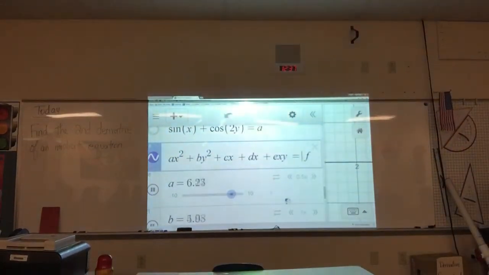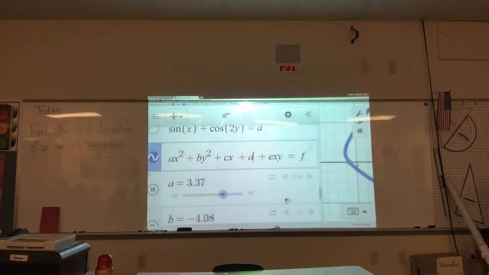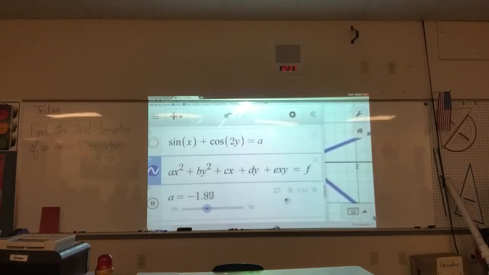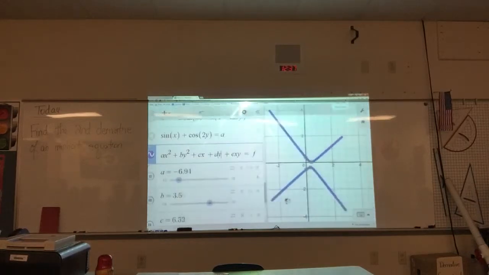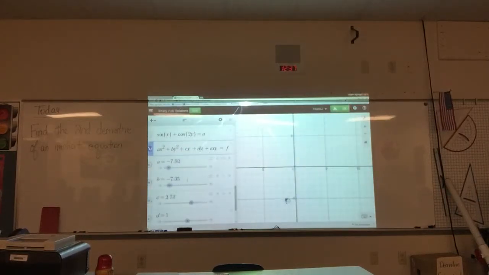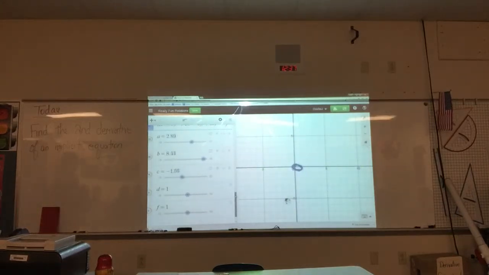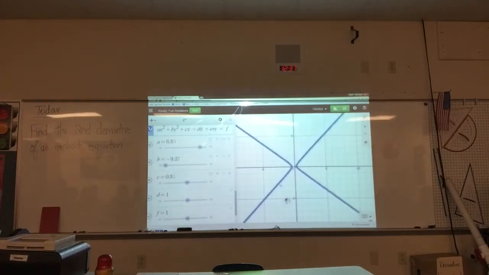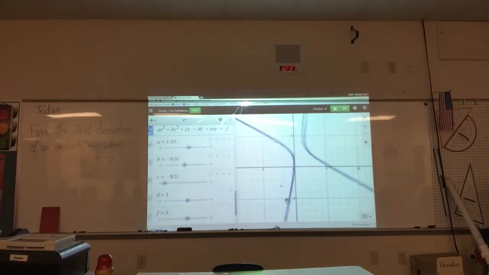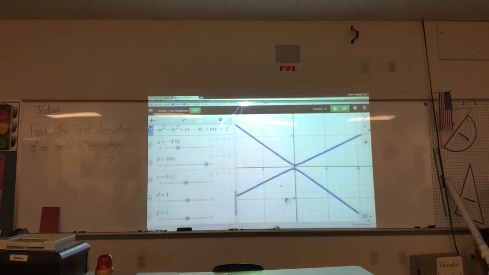So let me change that. And if you then modify these values, I've got a slider on each one of these. Based upon the values, whatever those are, they give you any one of the conic sections.